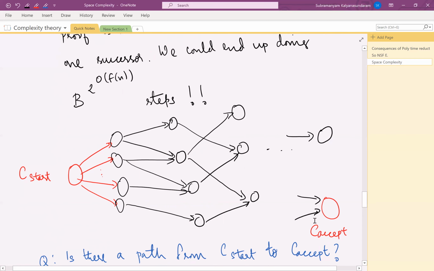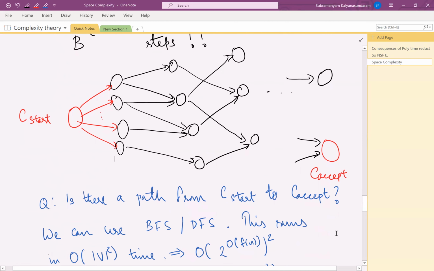And there is one accepting configuration, again denoted by red. Now, what we need to do is to check whether there is a path from this starting configuration to this accepting configuration.